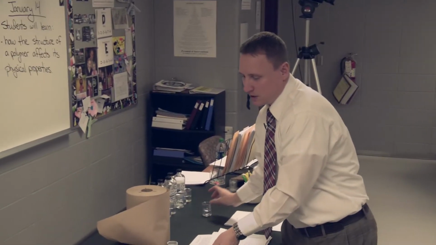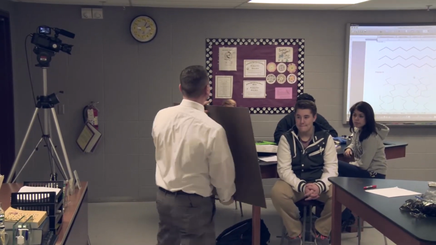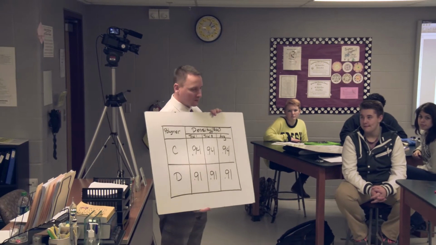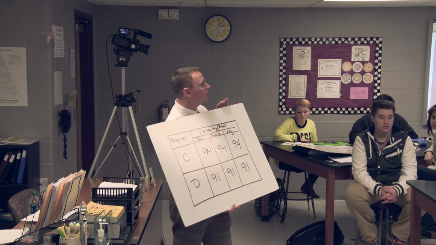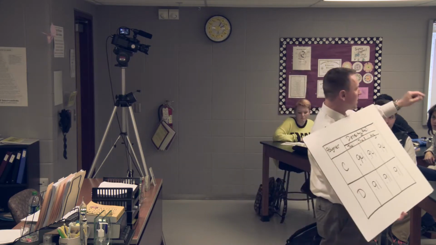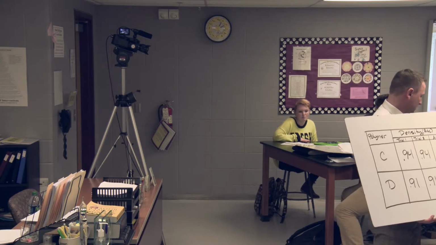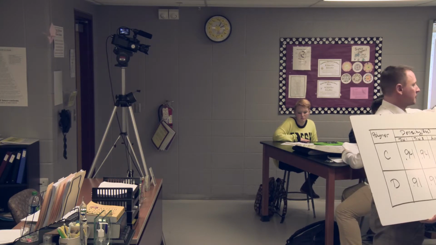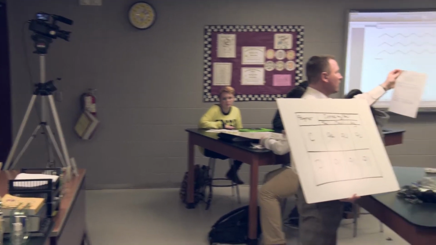So the data that I have from this is right here. This is what group 2 would have done: turn in your packet to where it says group 2. Density is a measure of the mass per unit volume of an object.